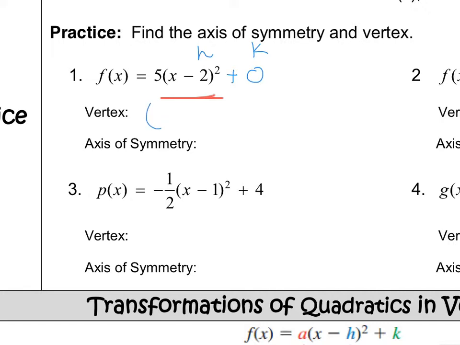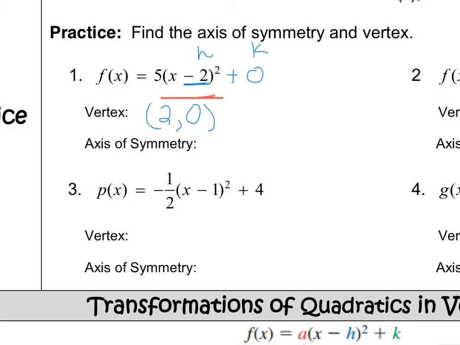Our vertex is h comma k, but remember that h lies. If h lies and we've got a negative 2 as our h, the opposite of that is positive 2 comma 0. So we already know it's going to shift to the right 2. That makes sense with our vertex being positive 2 comma 0.